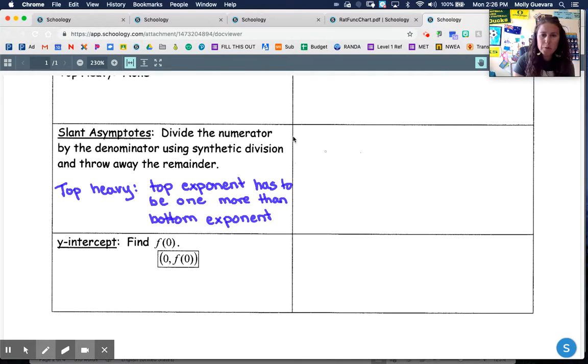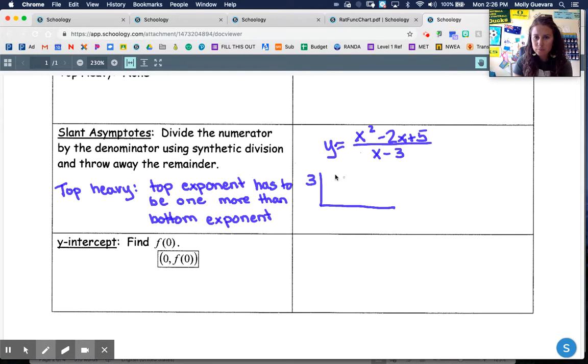So for example, if I have y is equal to x squared minus 2x plus 5 all over x minus 3. Okay, I'm going to take the 0 of the bottom, which is 3. We're going to use synthetic division and divide it by the top.